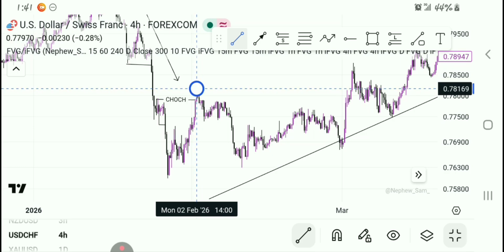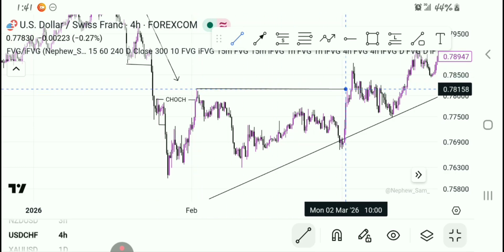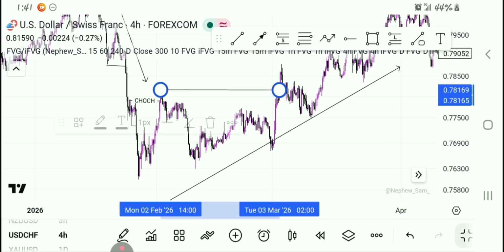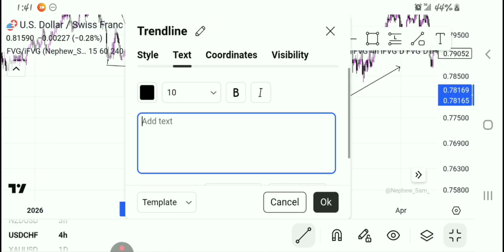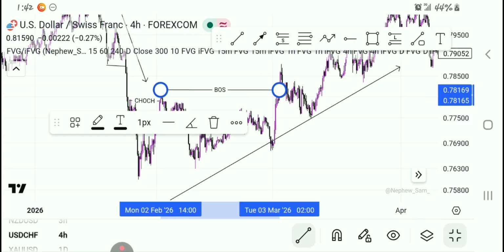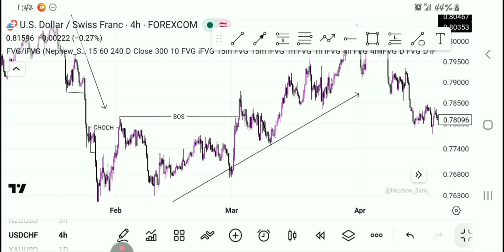You can just mark out your charts anywhere to follow up and let me know how it works for you. I'll type it also: BOS. So that's our BOS. Then we have another BOS again.